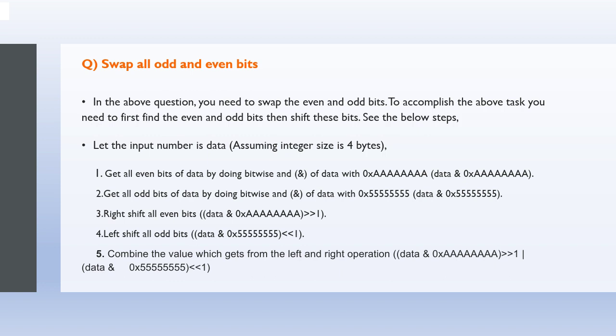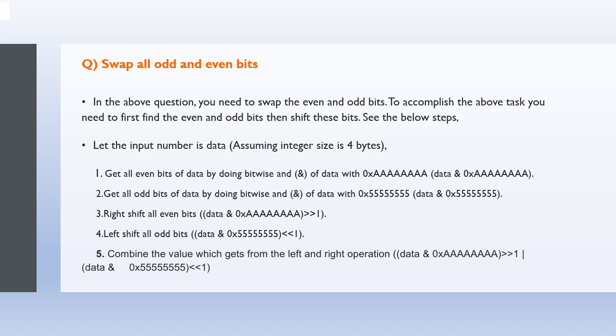Okay, right shift all the even bits, data AND with 0x, right shift once. Left shift all the odd bits, that is data AND with 0x555555, left shift by 1.